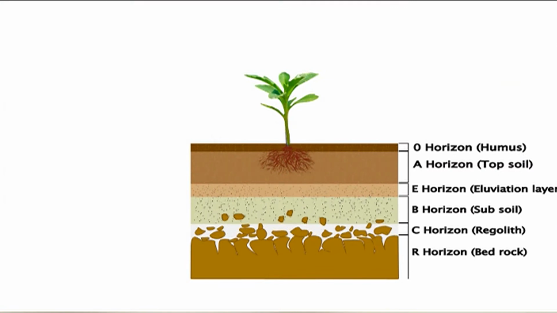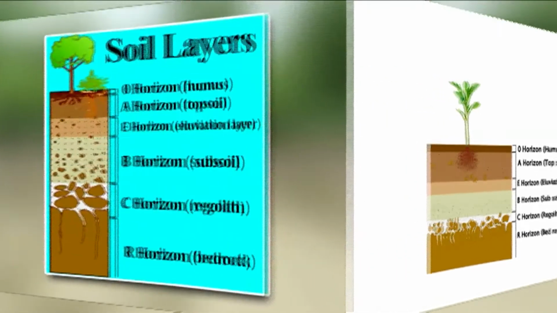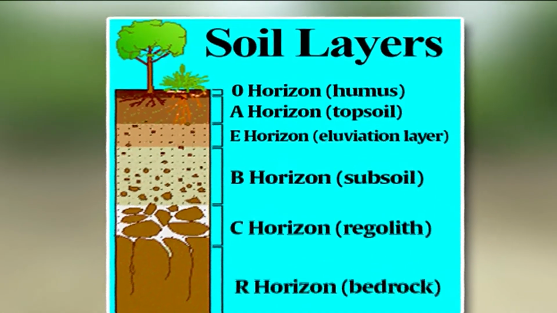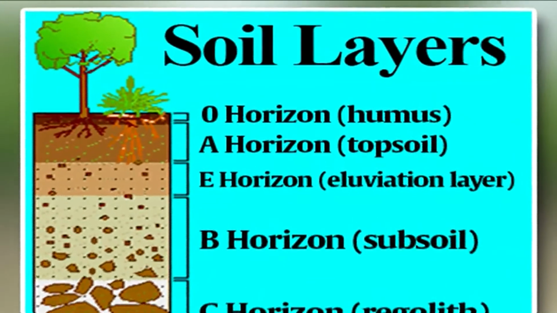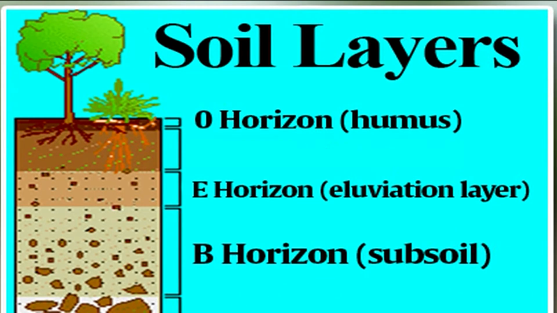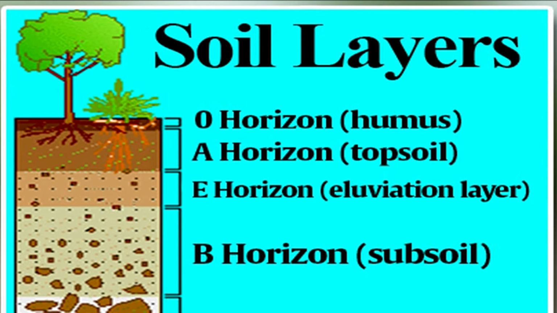The upper O horizon comprises the uppermost organic horizon, which is well developed in forest areas and almost absent in the grassland systems. This horizon is followed by the A horizon, which is the topmost mineral horizon that tends to impart a darker color than that of the lower horizons.